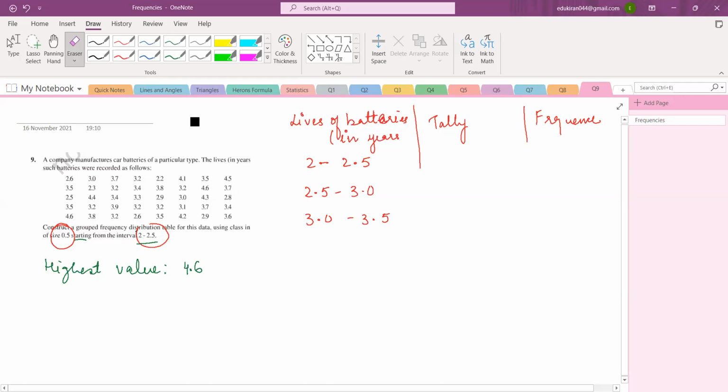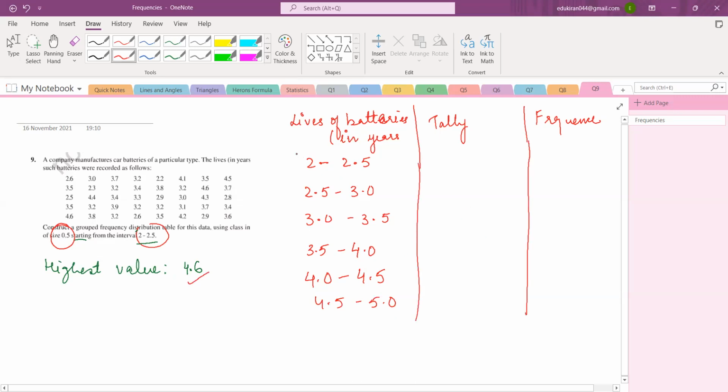Now next is going to be 3.5 to 4, and then 4 to 4.5, and 4.5 to 5. Because the highest value is 4.6, so up to 5 is enough. Just do the tally, all of you, quickly and let me know what you get. Start doing.